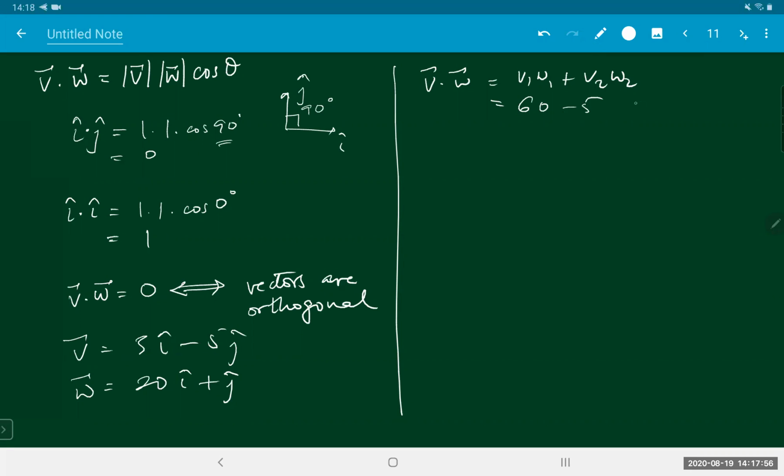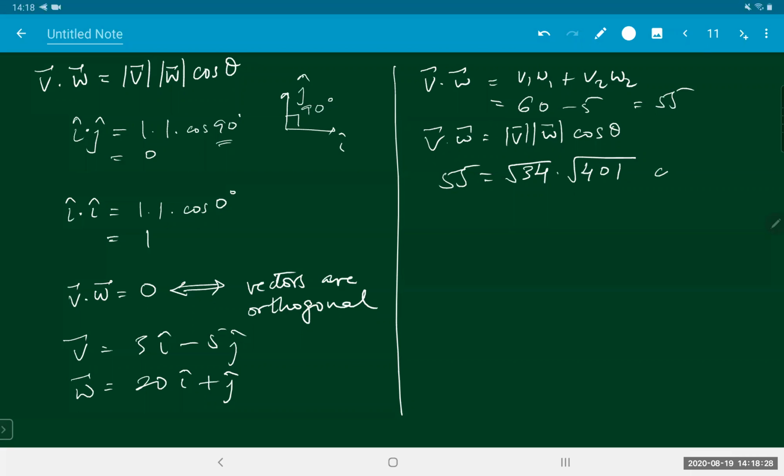So this is 55. But also v dot w is magnitude of v, magnitude of w, and cosine of the angle between them. So 55 is, what is magnitude of this? 3 square plus 5 square is 25 plus 9, 34, times, why did I take such huge numbers, 401 times cosine theta. I'm not going to sit and do this, but from this you can find out what the angle between these two is. Any questions?